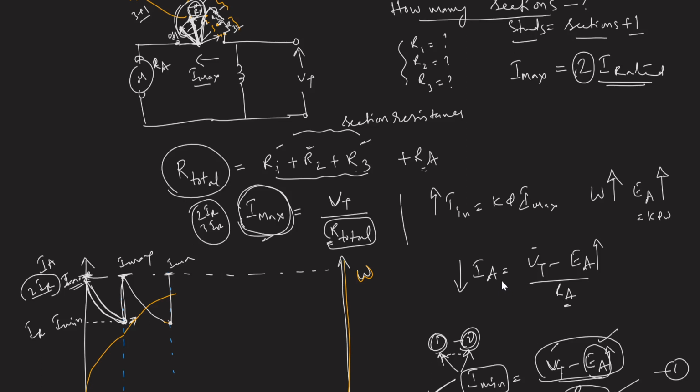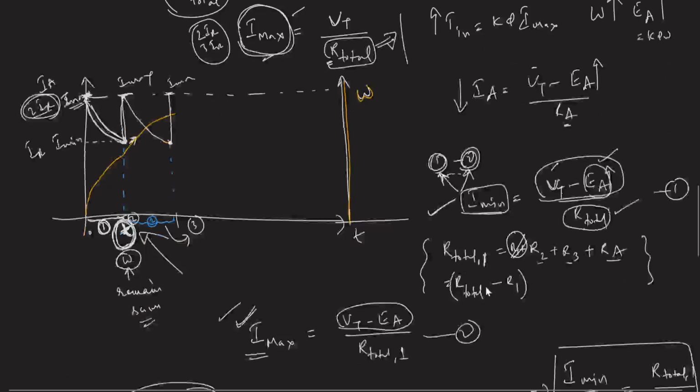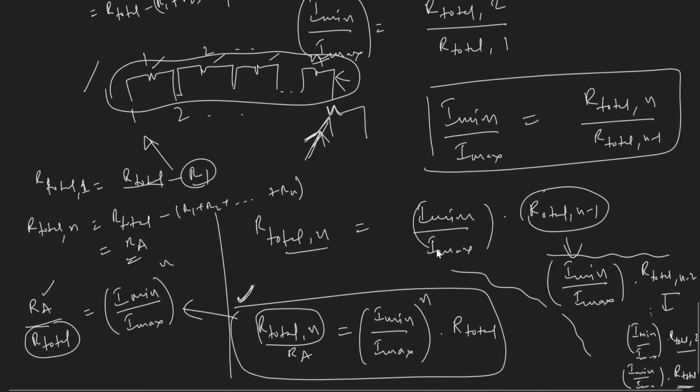I will be giving this value, that means I know the maximum current. If I know the maximum current, then I know the R total value, that is the total starter resistance in series with the armature. So I know the armature resistance value, I know the R total value, I know the minimum current and I also know the maximum current. Then the only thing remaining is n.